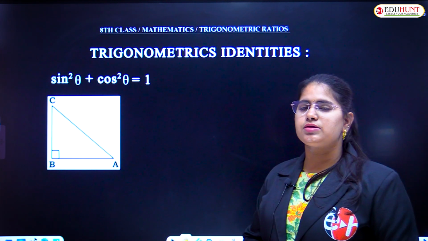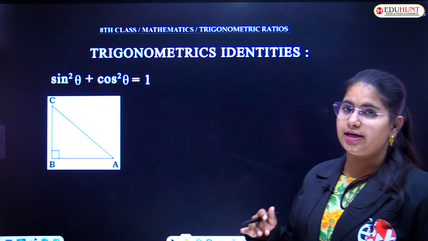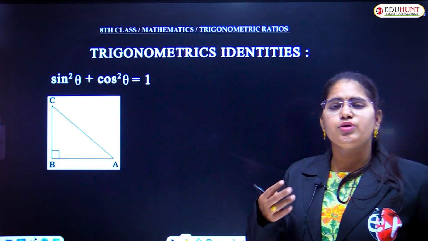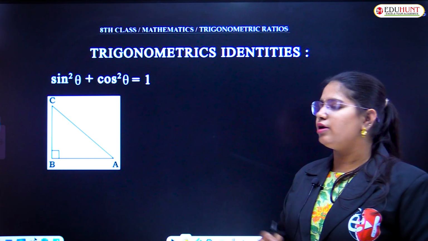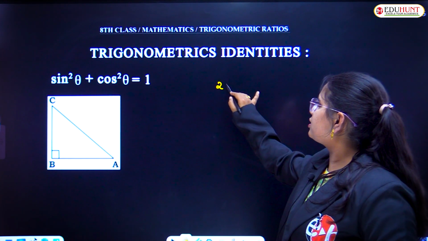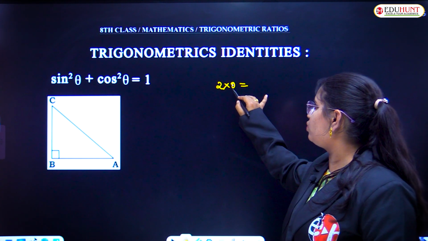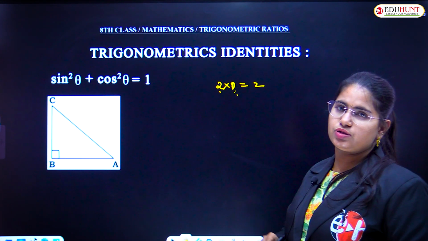In your childhood you have learnt about identity. What is identity? How will you define identity yourself? You will say it's me. Similarly, the multiplicative identity of 2 is 1, because 2 multiplied with 1 is 2.